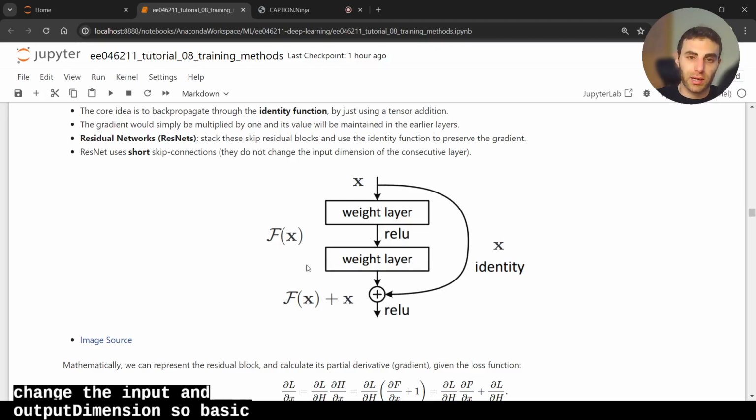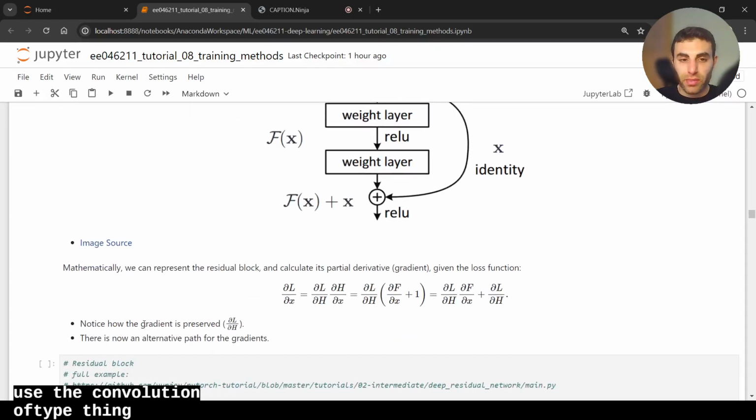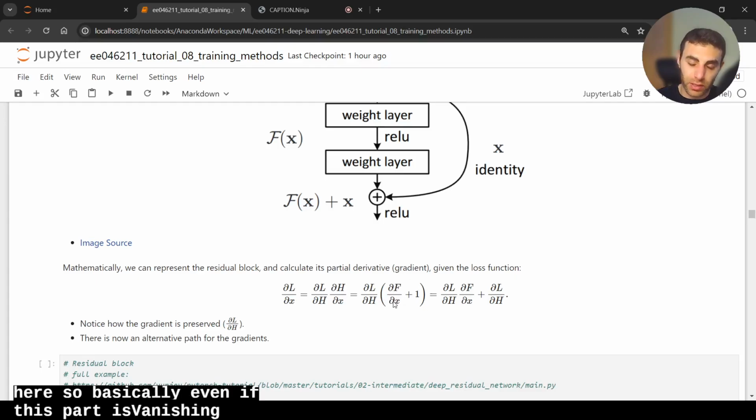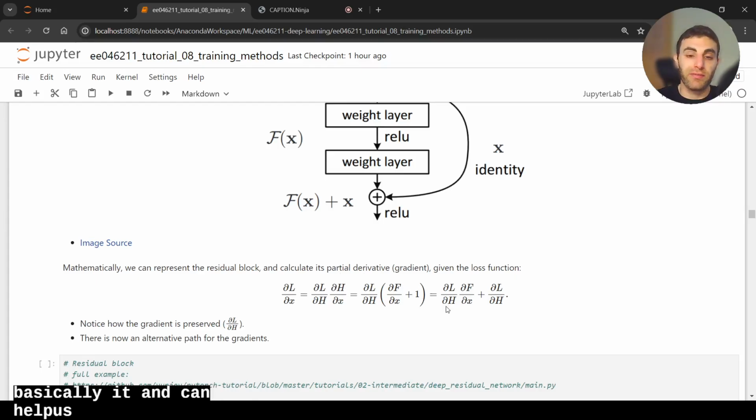So if we use convolution, then we usually use a convolution of type same. Now, mathematically, what you can see here is that when we take the gradient, we actually have the identity function here. Even if this part is vanishing and goes to 0, this part remains the same. So it allows another path for the gradient to flow, and it can help us alleviate the vanishing gradient phenomenon.